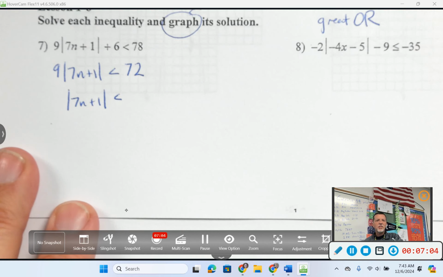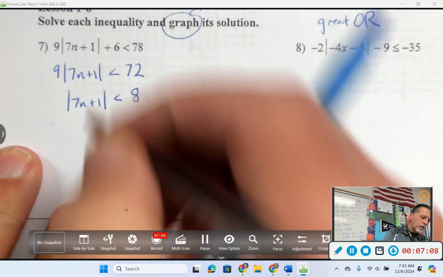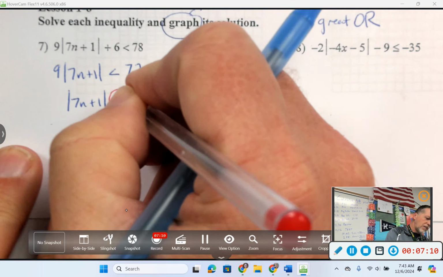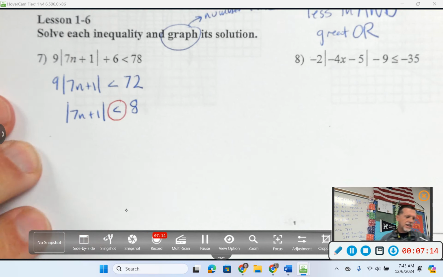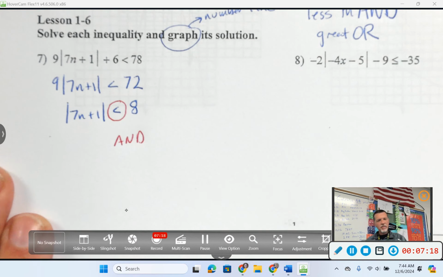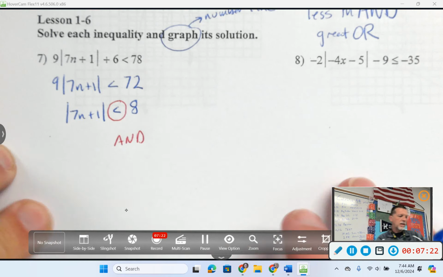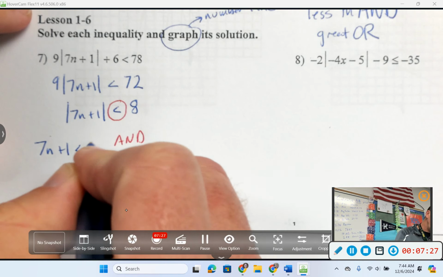Let's do number 7. Let's see. 72 divided by 9 is 8. Okay, what's this sign mean? Less than. So I'm going to set up two statements, but they're separated with an "and" because less than. But you just said equal to 8, right? No, you do the less than.